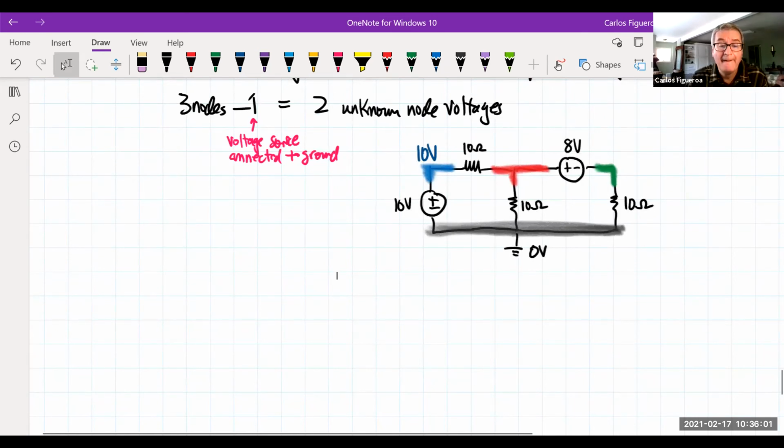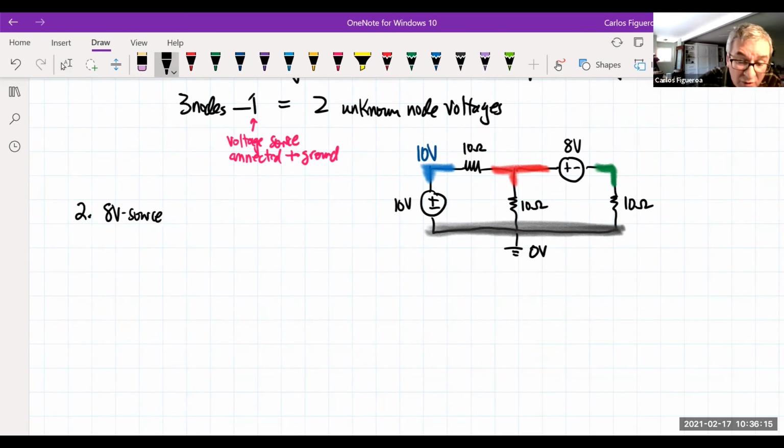So now the question is, what about the 8-volt source? Now we want to go to this guy here, and this is the 8-volt source not connected to ground.